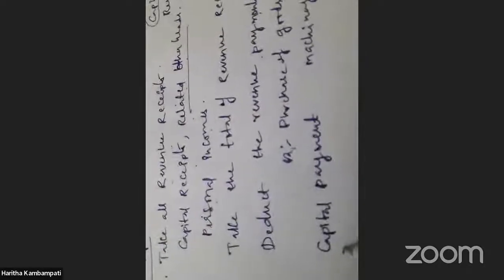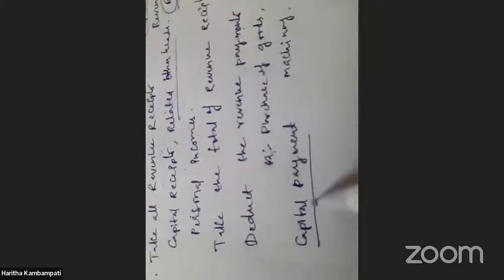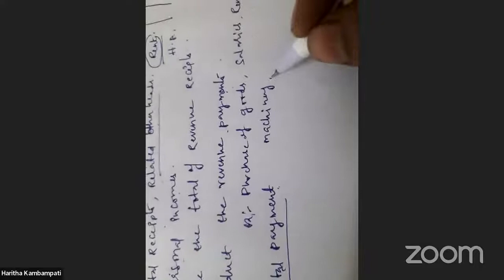Like purchase of machinery or any fixed asset, we can consider it as a capital payment. So we should deduct only revenue payments, not capital payments. This purchase of machinery or any fixed asset is called a capital payment. And also any personal expenses or drawings should not be deducted.